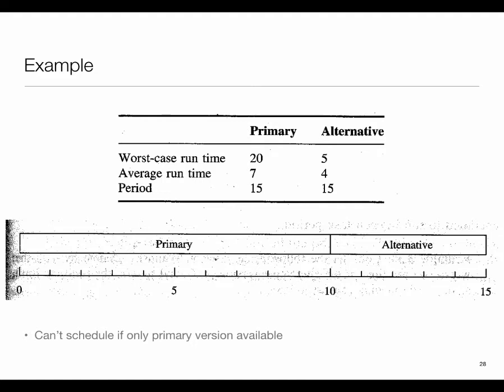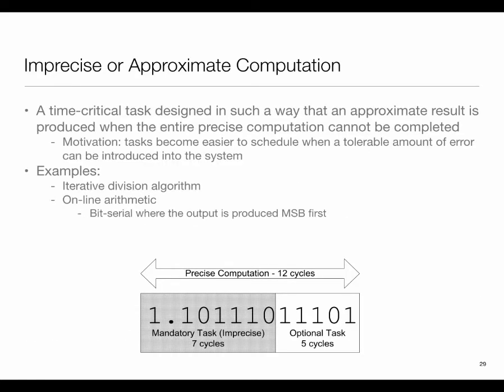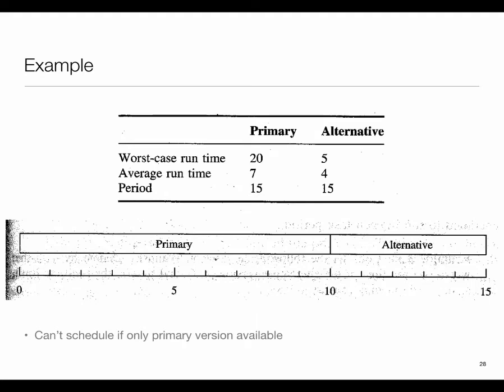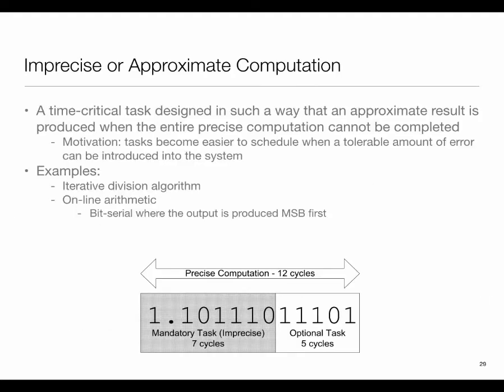And that leads to this next concept, imprecise or approximate computation, which was the topic of that talk on Monday. The idea is, what if I could design my tasks so that they're stoppable at any point in time, and I get more quality from them if I give them more time? So instead of this primary and alternate with a very hard notion of having to switch, what if I write my algorithms in this particular way?